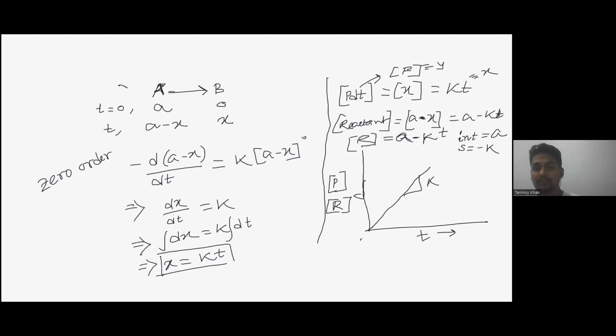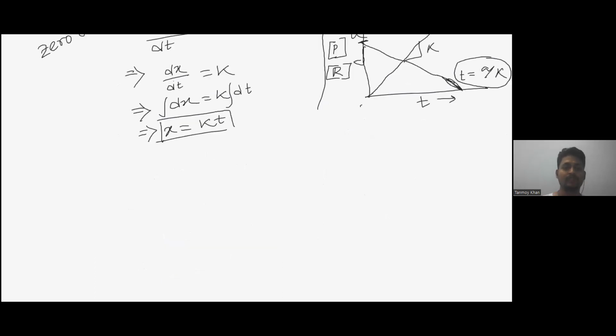At t equals 0, the initial concentration is A, and from there it is decreasing, so it will be like this. Also see that whenever t is equals A by k, it will be 0. You just check it by yourself, you will find it.